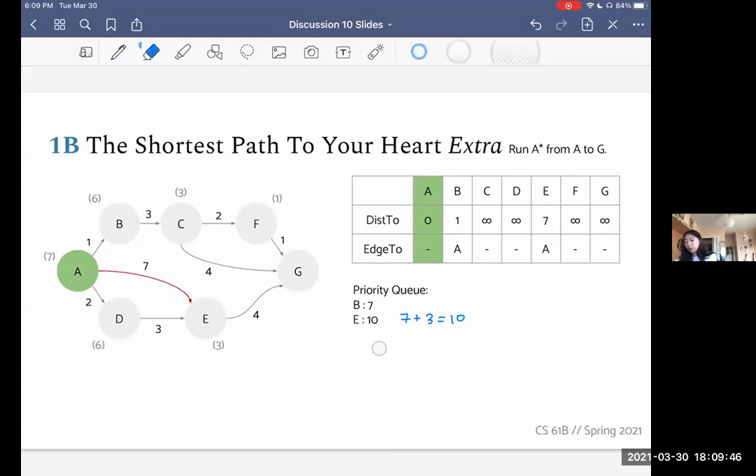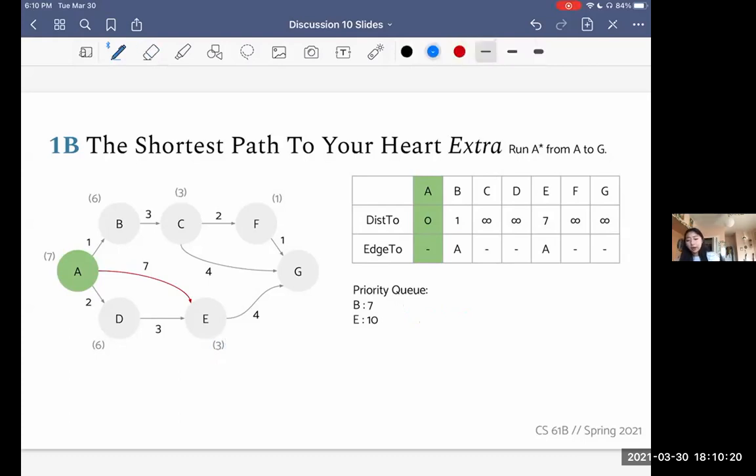So this goes into the queue with a worse priority than B, because our total priority here represents that the path from A to G, if we were to go through E, is probably around 10 distance, and that's worse than a path of distance 7. So E goes into the queue with that priority. In other words, our heuristic is telling us that once you get to E, you still have to go 3 more.